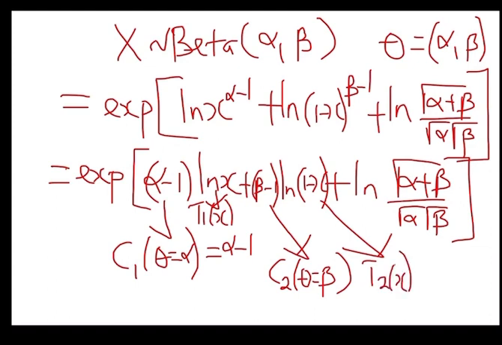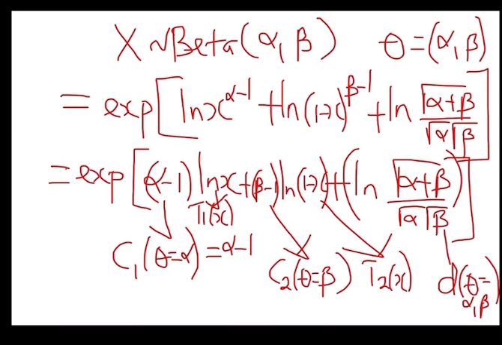You can see that right now. And this last term is just going to be a function of theta, a function of alpha and beta. So this is a multi-dimensional, a two-dimensional exponential family, because two unknown parameters are involved.